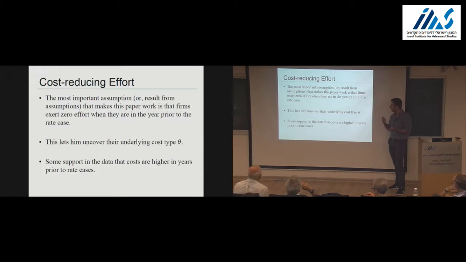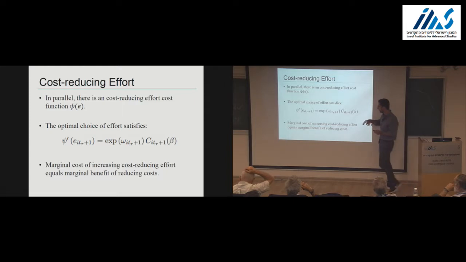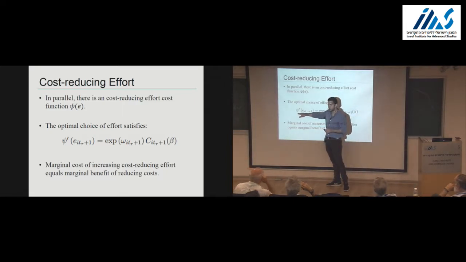So it's pretty strong, but that's what makes it go: in the period before, effort is zero, so you can back out theta. Then, once you know theta, you can examine the intermediate years and try to back out the parameters of this function.